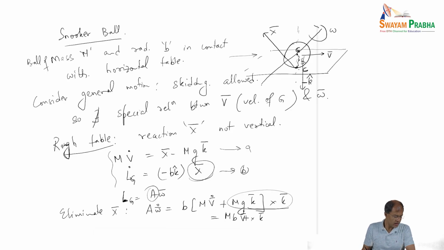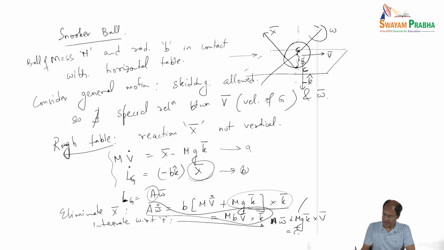So now we are going to integrate with respect to T. With respect to T, we see that the following equation arises. So A omega plus mb K cross V is equal to C, right?